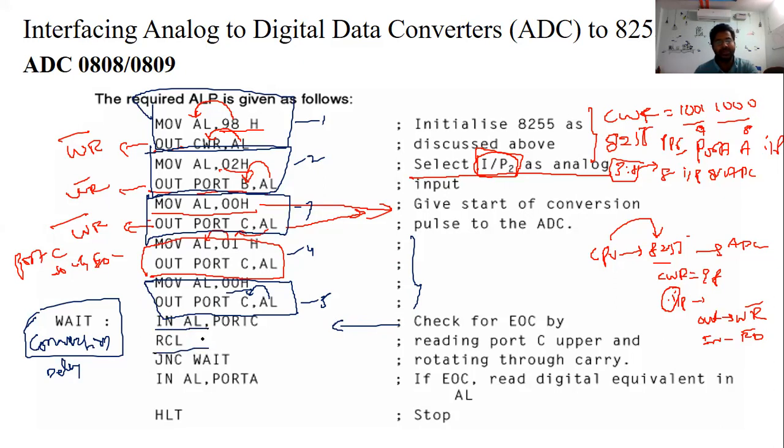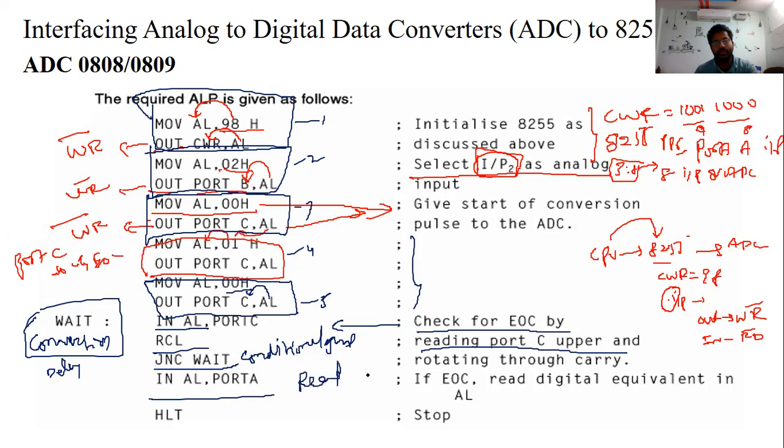You can see the reading of port C as output. So JNC, jump on no carry: if the carry is generated, this is a conditional jump. The in instruction on port C indicates the end of conversion. Then in port A, this is the reading of the output from ports 0 to 7. Then you can start the program.